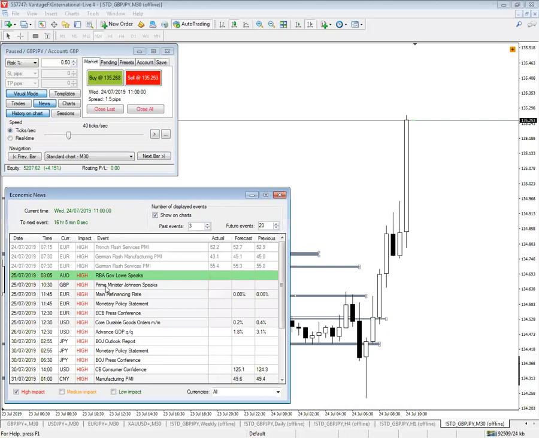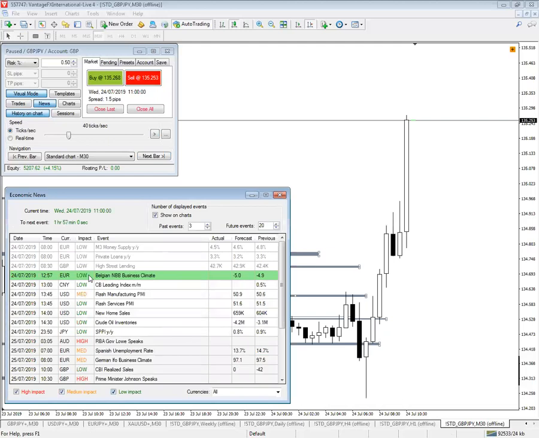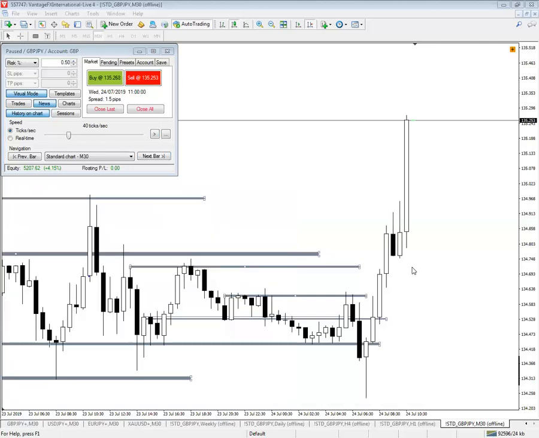GDP is tomorrow. Okay, is there any... Was it this? It's low. Low news, and it was pretty much as expected. So I don't see that pushing price. So yeah, not sure about that.